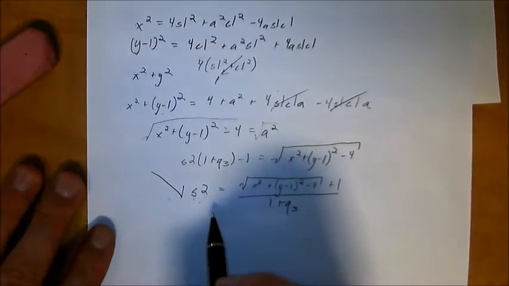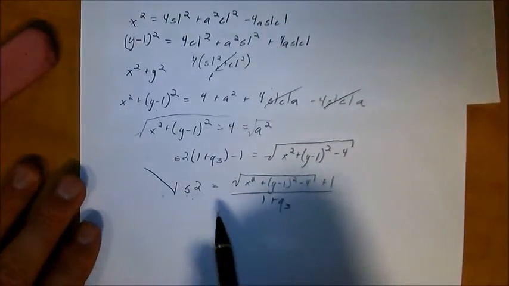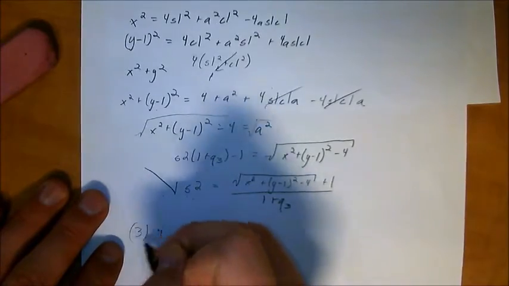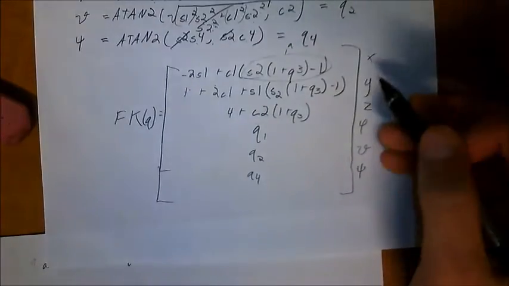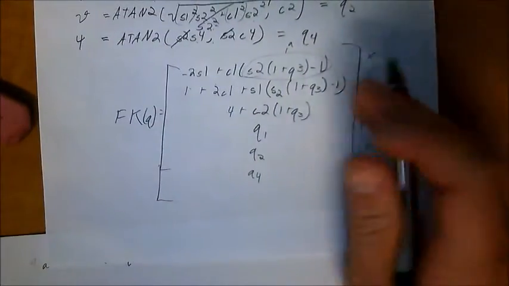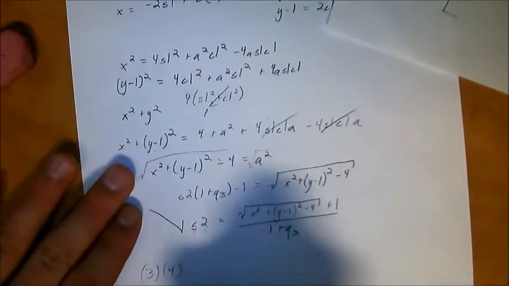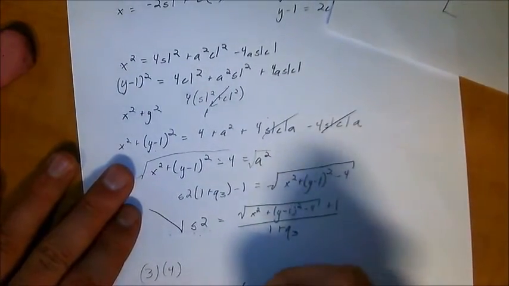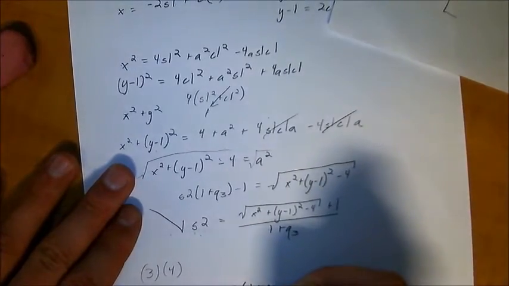So now, using 3 and 4 of this thing up here, so z is equal to 4 plus cosine of q2 times 1 plus q3. Alrighty then.